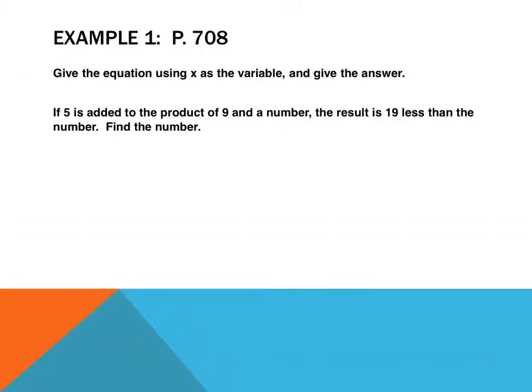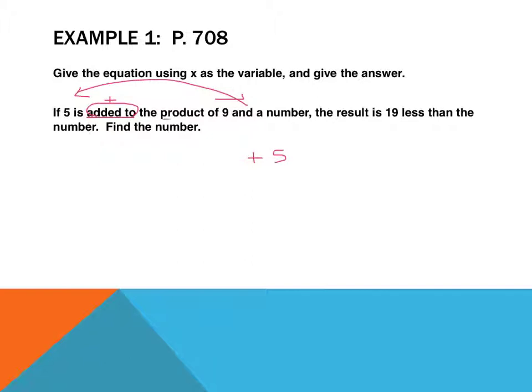In example 1 on page 708, we're going to give the equation using x as the variable and then find the answer. So if 5 is added to the product of 9 and a number. Added to, remember, is one of those where we switch the order, so it was going to be something plus 5.